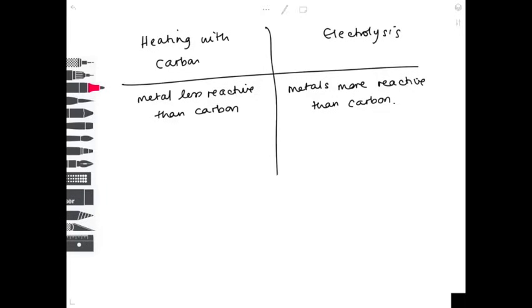For extremely unreactive metals such as gold and silver, you find these native, so not reacted with oxygen or anything. They're not found as oxides, they're literally found as gold and silver, native in the Earth's crust, which is why people used to pan for gold in rivers in America about 100 years ago in order to find the gold sitting in the riverbed.